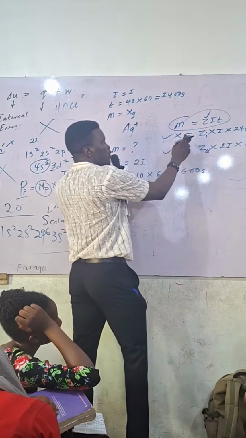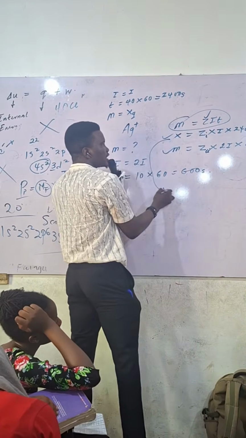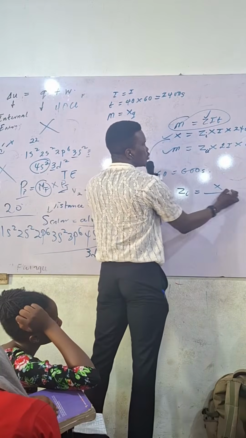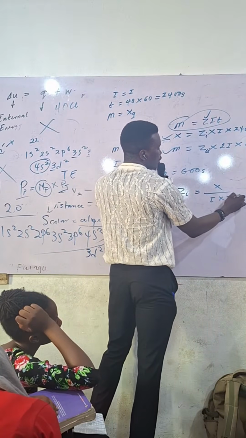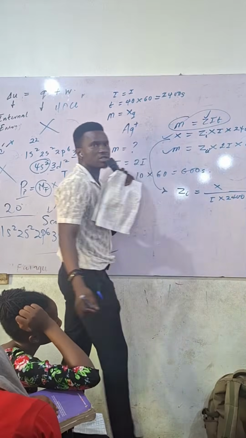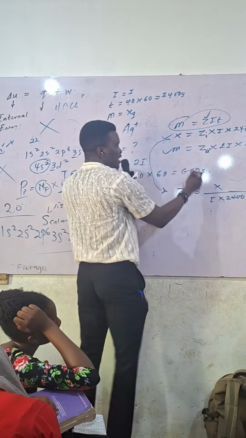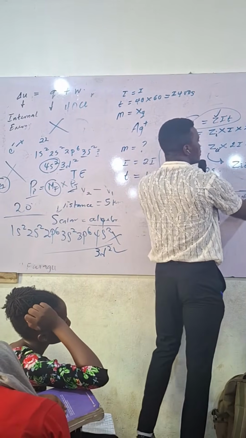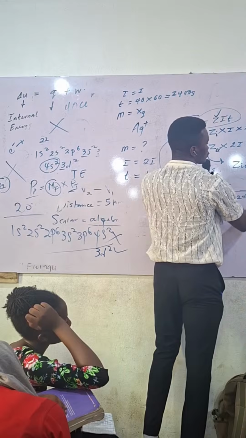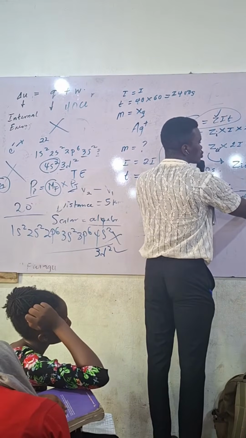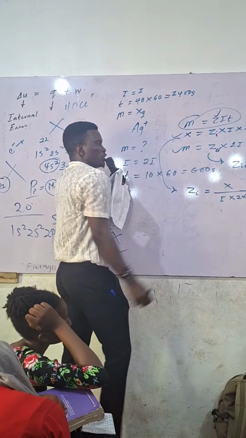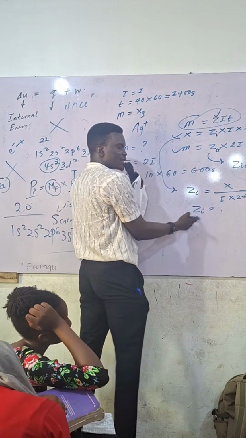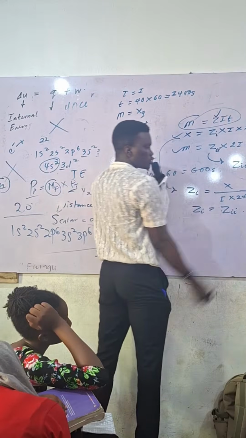Z in equation 1 is equal to X over I times 2400. Z in equation 2 equals M over 2I times 600. Since Z is a constant, Z in equation 1 is the same as Z in equation 2.